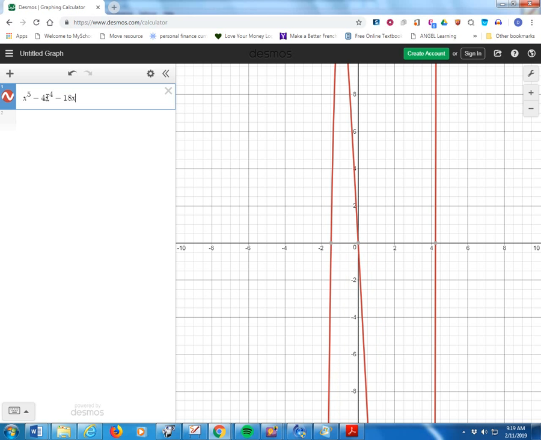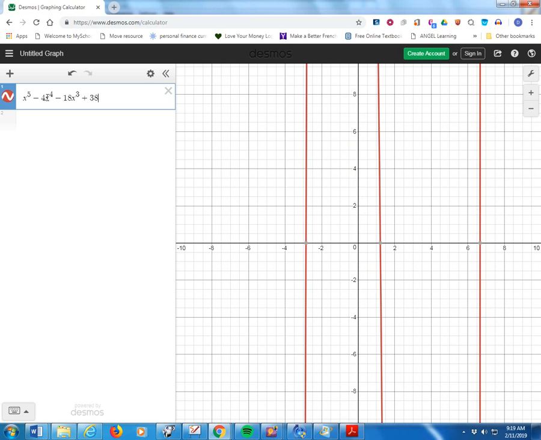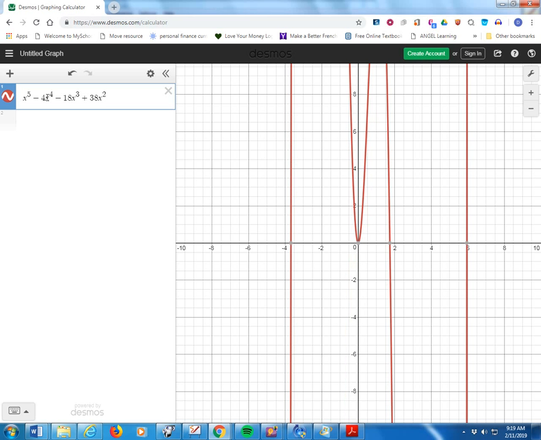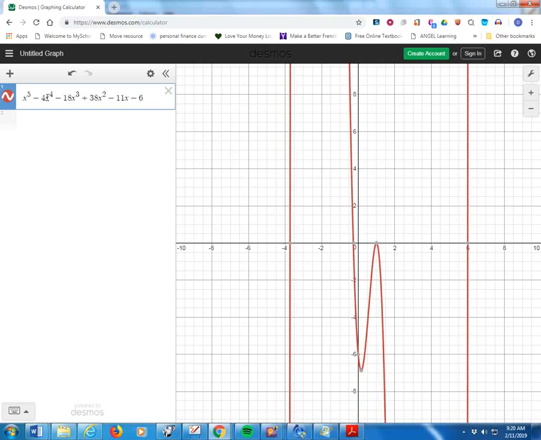Multiplicity. Okay, this is the graph. What did we say our zeros were? The first 3 that you remember. 1, 1, and 6.